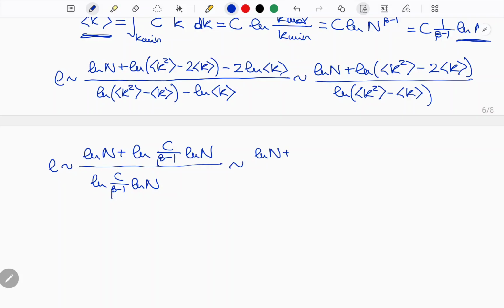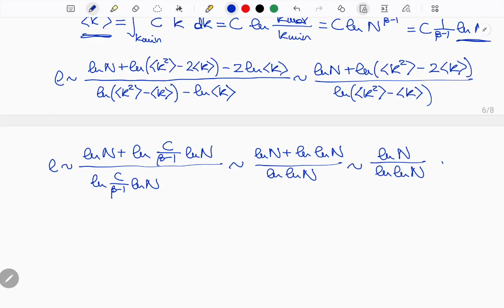So this is what I have, plus the logarithm of n divided by the logarithm of n, plus some things upstairs and some things downstairs. But this is going to be much smaller than this part over here. So again, I'm going to neglect, even though this is going to diverge, but it's going to diverge much more slowly than this other part here. So the fastest term is going to be the one with the logarithm. So this is going to go like the logarithm divided by the logarithm of n.